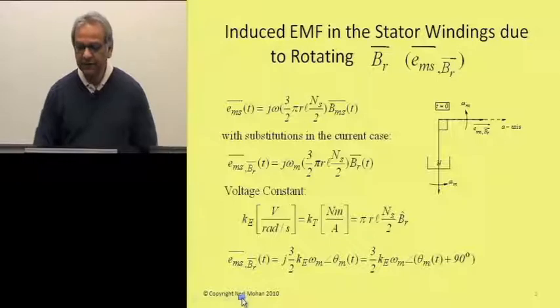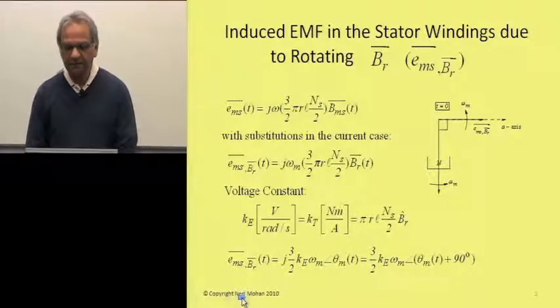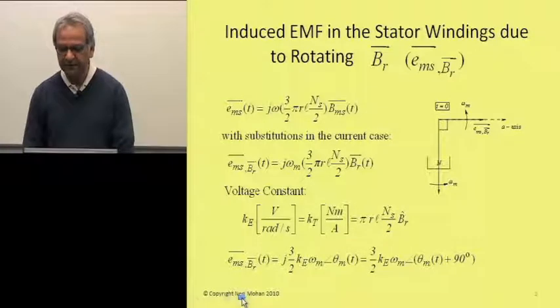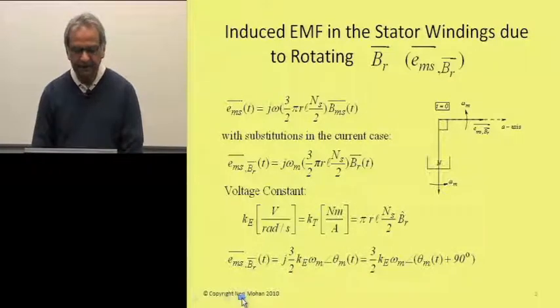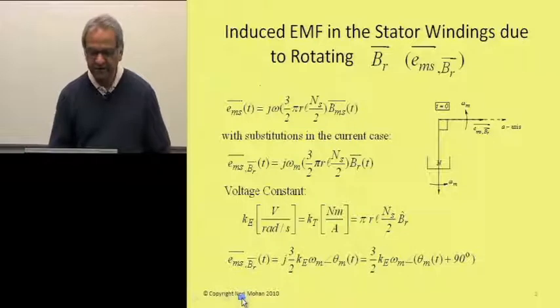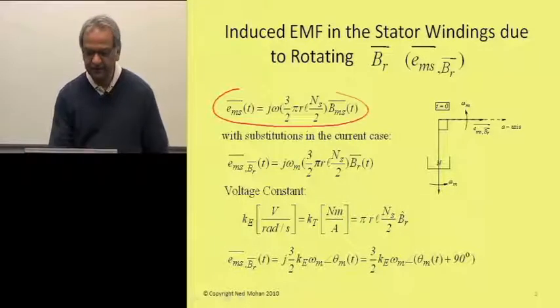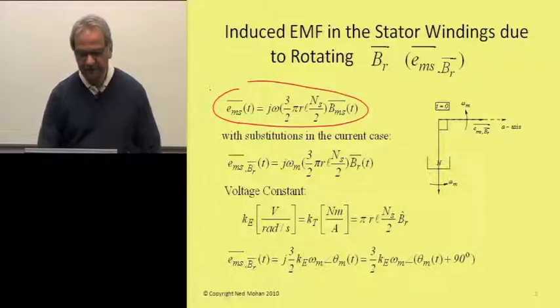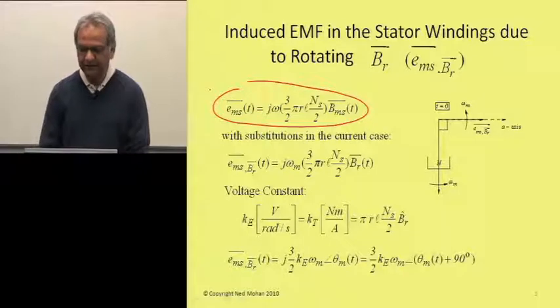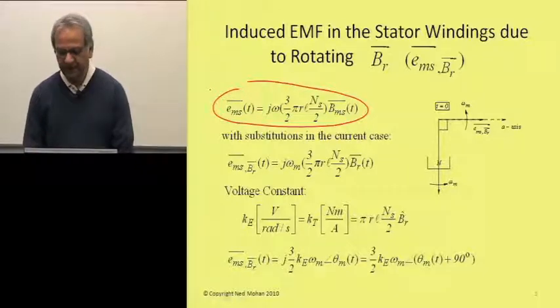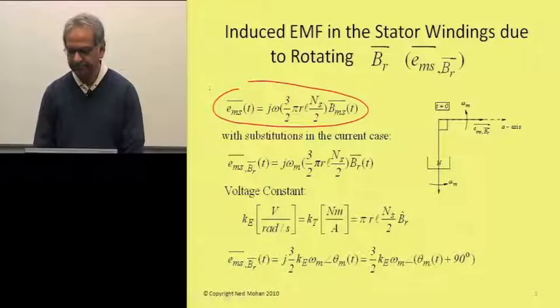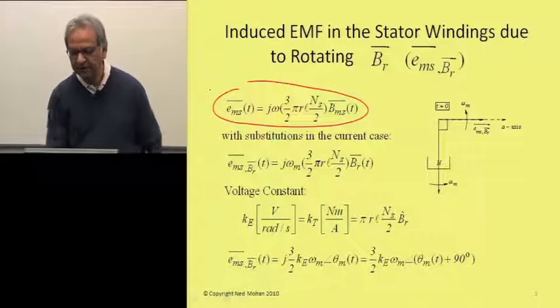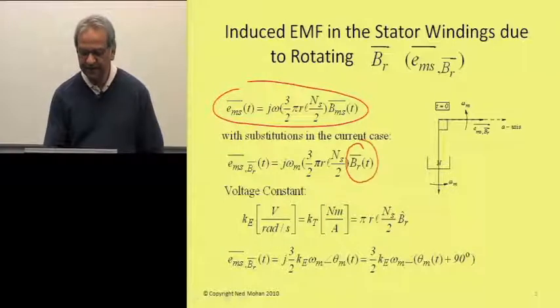So let's look at first the induced EMF due to the permanent magnets on the rotor, which are rotating at speed omega m. And this first equation is just to remind us what we have seen in previous modules. But in this case, we have a flux density distribution produced by the magnets on the rotor and given by the space vector Br.